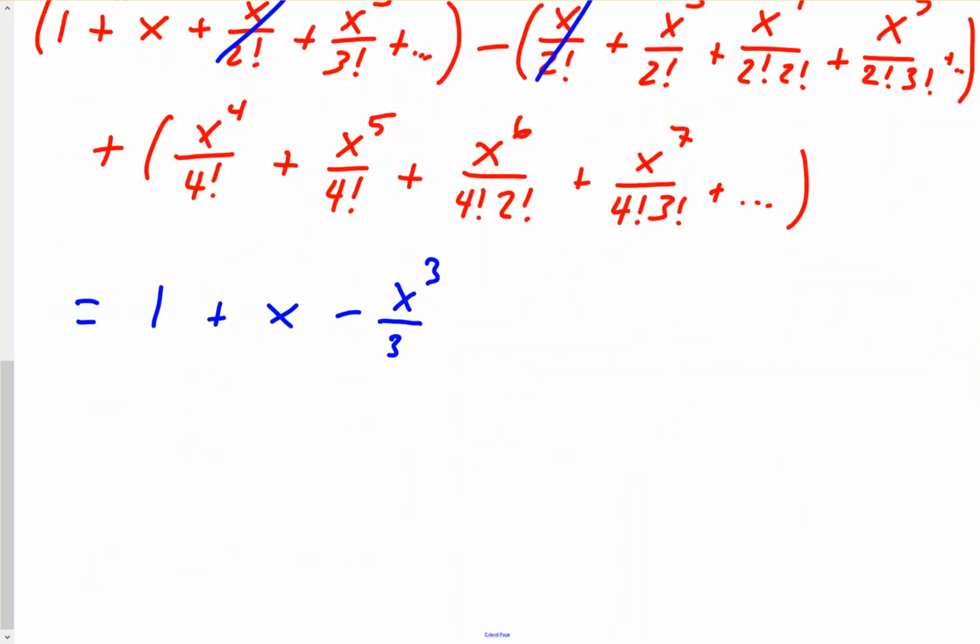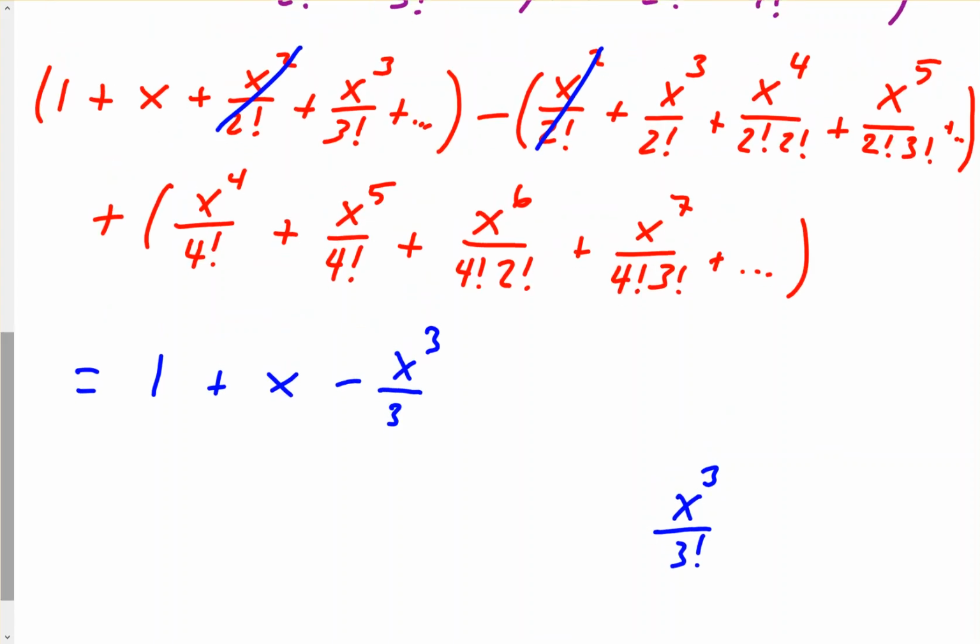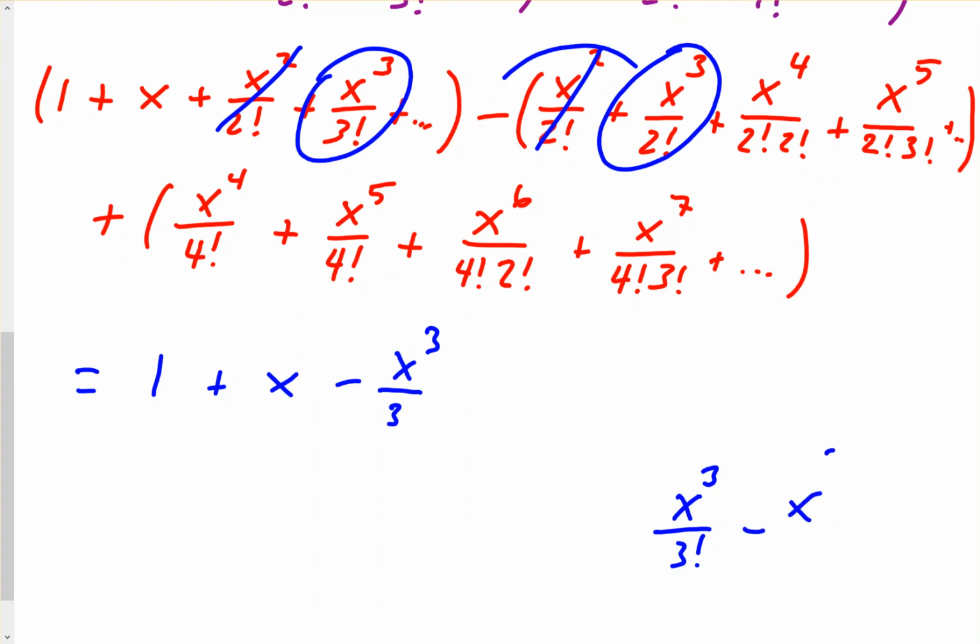And you can easily verify this. I'll do it on the side here, x cubed over 3 factorial, and this would be a minus, so we're talking about these two, but the minus affecting the x cubed over 2 factorial. So x cubed over 3 factorial minus x cubed over 2 factorial.